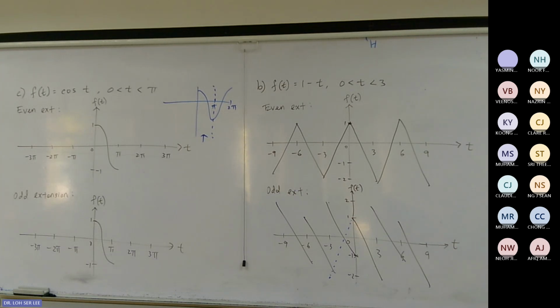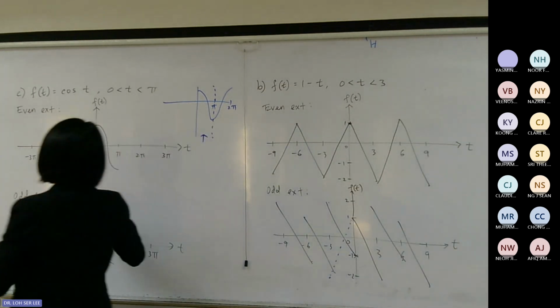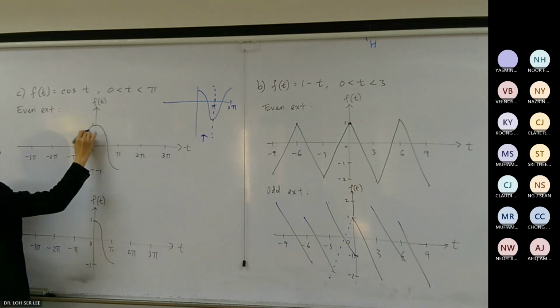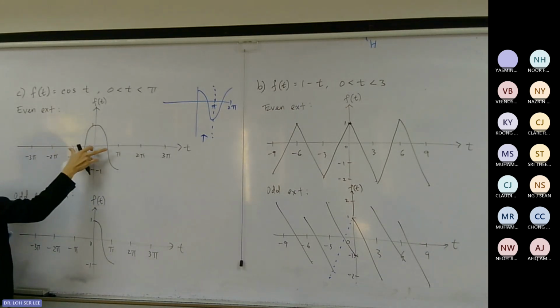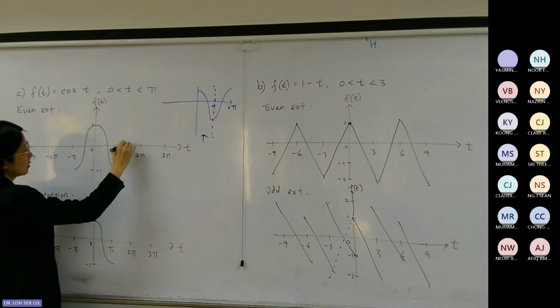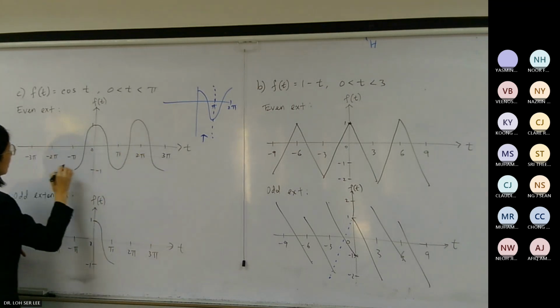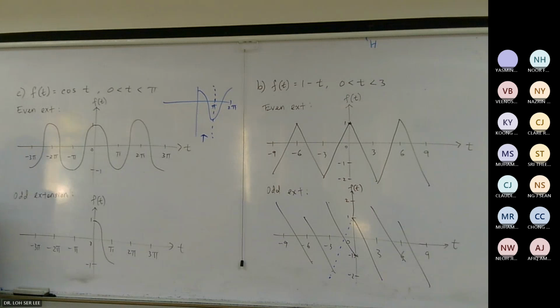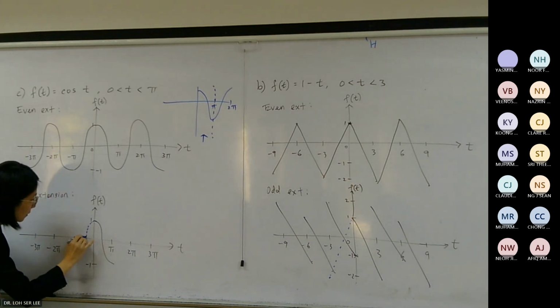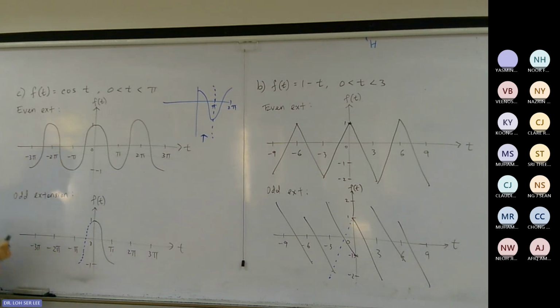For the even extension, we just reflect this through the y-axis, and you get this, then you copy, paste. And for the odd extension, suppose we get something like this.